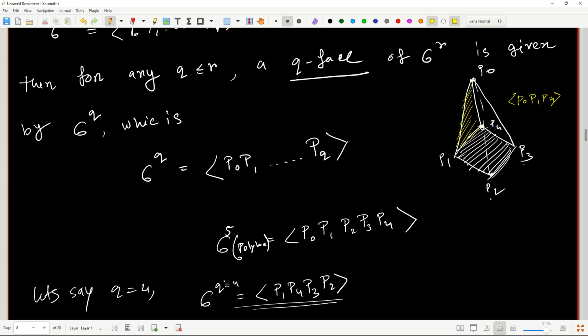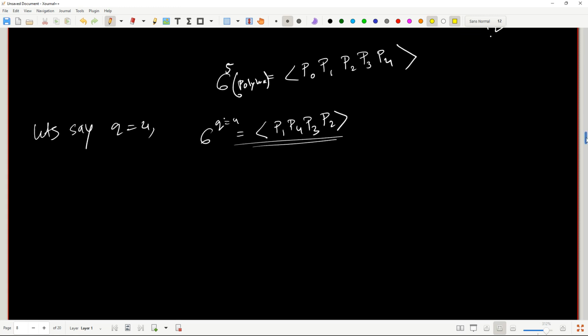And it's a very interesting idea that when you put Q equals 2, you have this P0, P1, that line is also a face, but it's a 2 face. And then the points themselves, P0, P1, P2, P3, these are 1 faces, because each only contains a point.